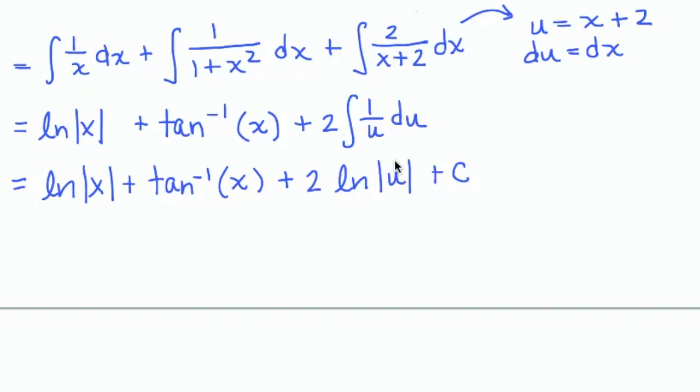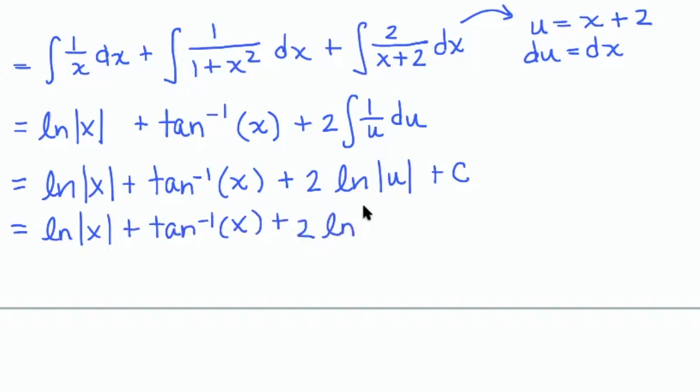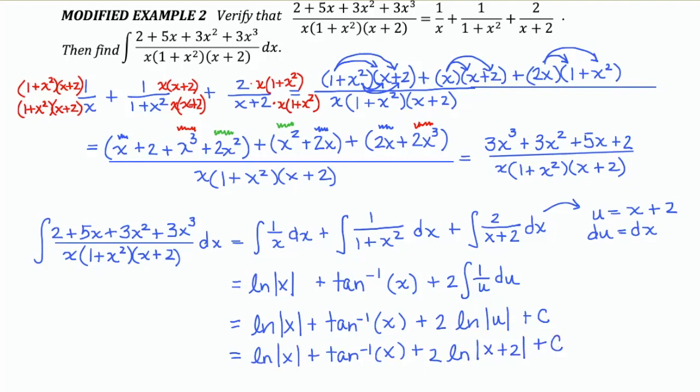And when I put u back in, I'm going to replace it with x plus 2, giving me a final answer of natural log of absolute value of x plus the inverse tangent of x plus 2 times the natural log of x plus 2 plus c. And that would be my final answer.